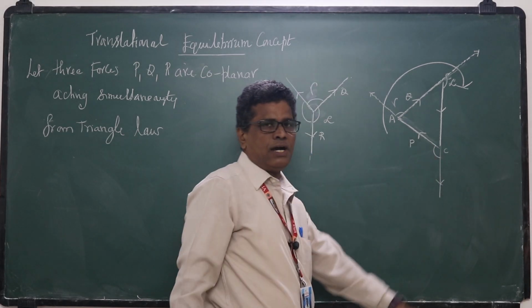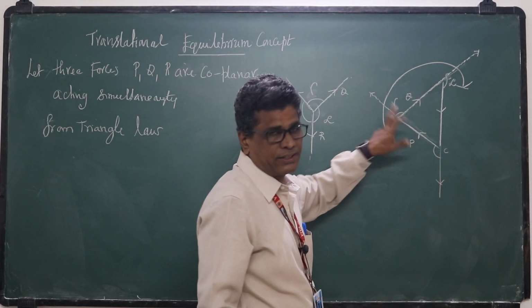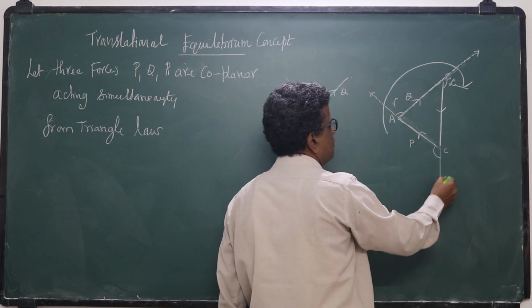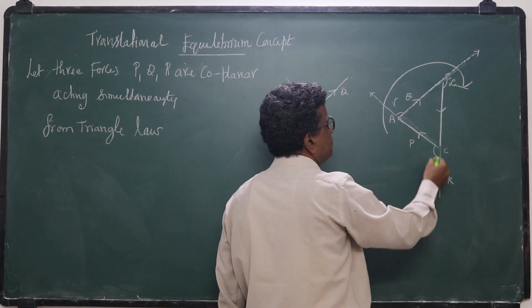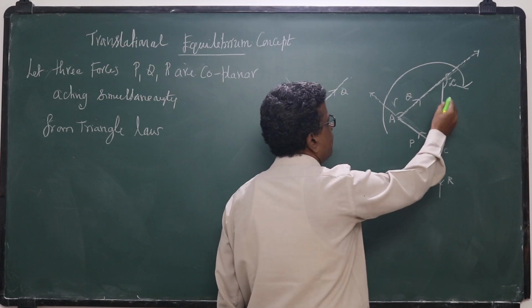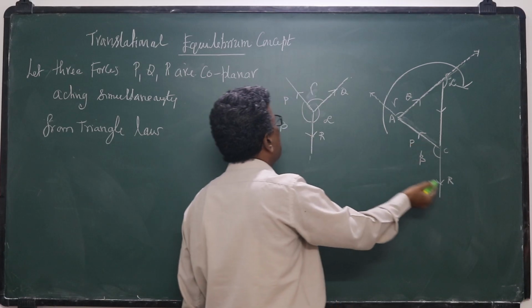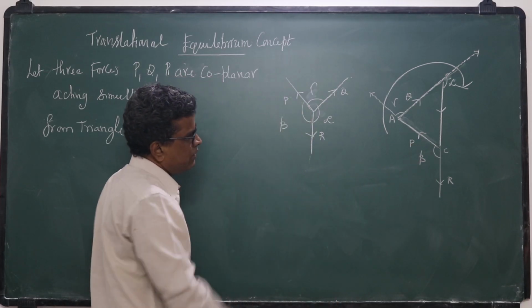What I am doing is joining the tails of the two vectors, just sliding the vector. So this becomes alpha, and this becomes beta. The angle between R and P is beta.